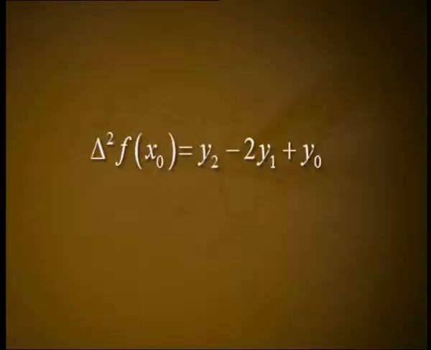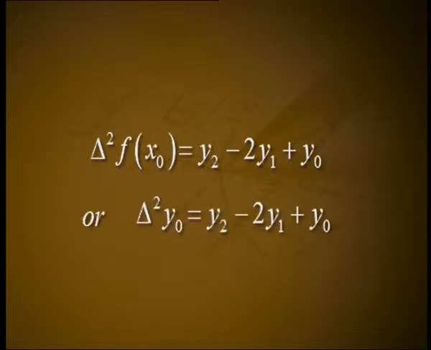In particular, delta square f of x0 equal to y2 minus 2y1 plus y0, or delta square y0 equal to y2 minus 2y1 plus y0.